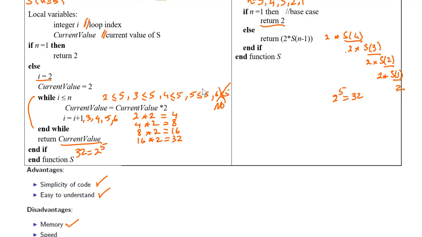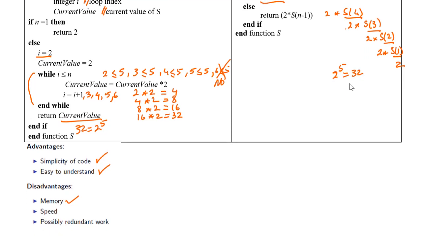When you call the function and wait, and call, all this data right here needs to be stored somewhere, so you need memory. And the speed, it takes longer because it calls the function and waits and calls and waits until the last step, and then does the calculation at once. And possibly redundant work. Sometimes it could be very redundant work. So these are the pros and cons for programming using recursive definitions.